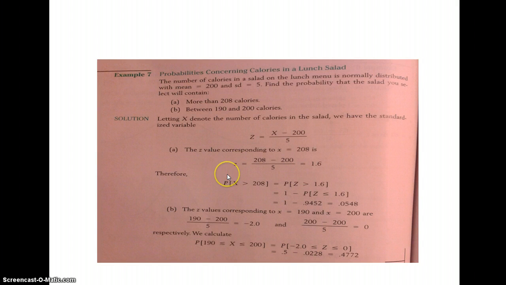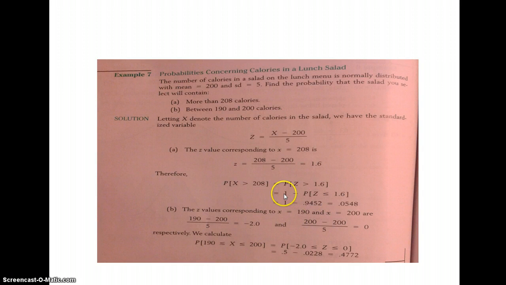So the probability of a salad that contains more than 208 calories is equal to the probability of the standardized variable being more than 1.6. We cannot use the table directly, because the table only tells us the probability for z less than or equal to some number.